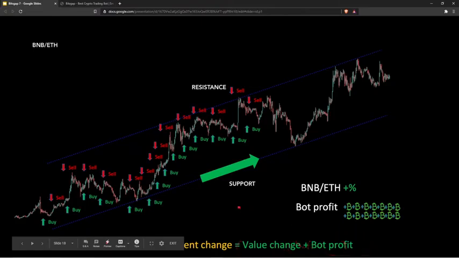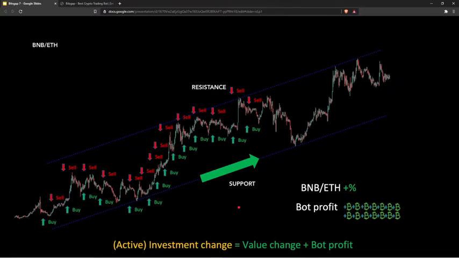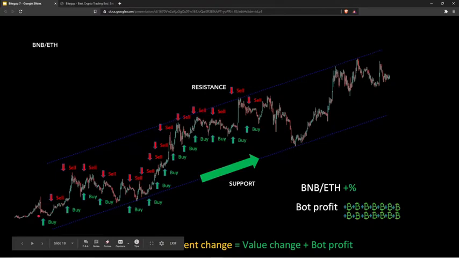So altogether combined, this is what we call an active investment change. That's something that traders are looking for. You don't want just to buy crypto and hodl it. You want to make sure that it brings you gradual returns.